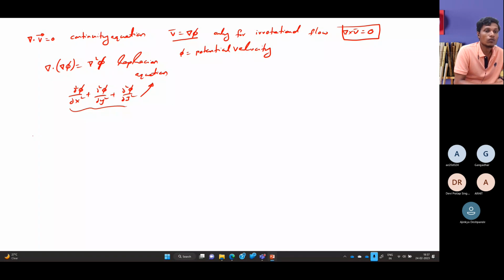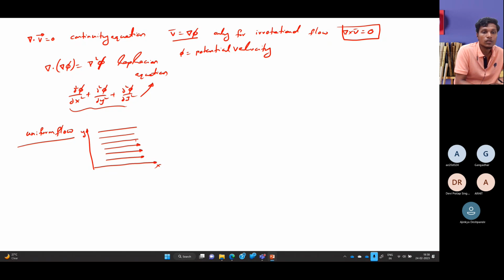A good example is a uniform flow. Let's see how we can write phi for this uniform flow. Uniform flow means you should have velocity vectors parallel to each other. It can be any domain, not only xy. The velocity should not vary with any x and y coordinates.